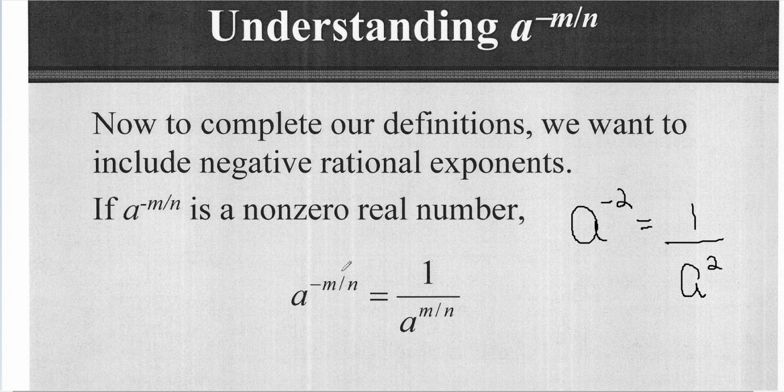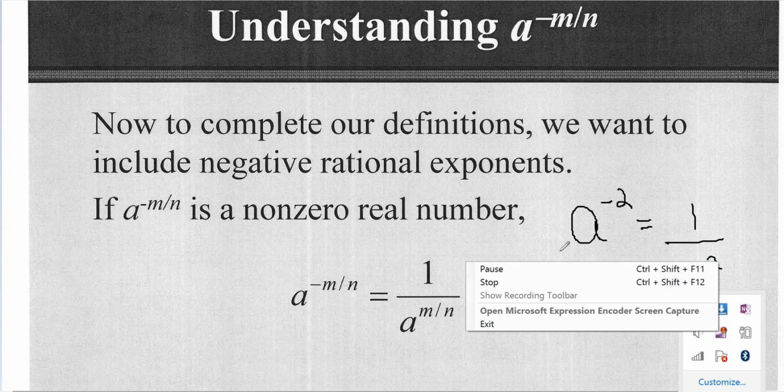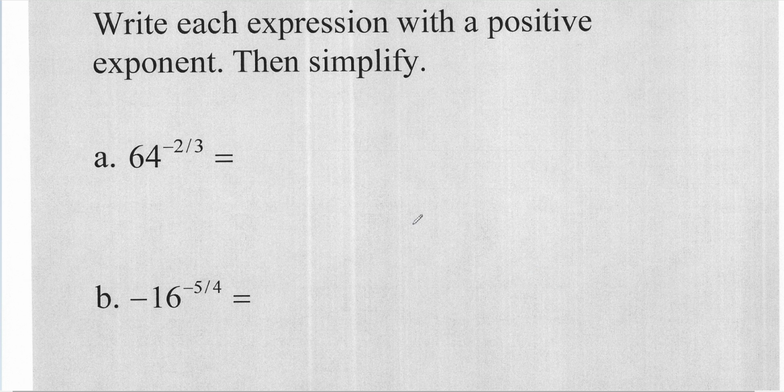All right, let's see what kind of fun we can have here with these. Write each expression with a positive exponent, then simplify. Okay, so this first of all, I got to change to be 1 over 64 to the positive 2 over 3. That's how we change it to be positive, putting it in the denominator.